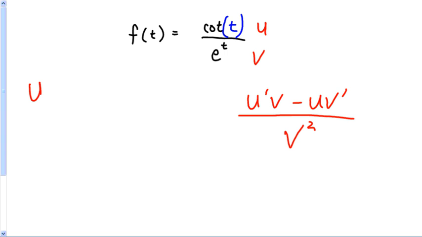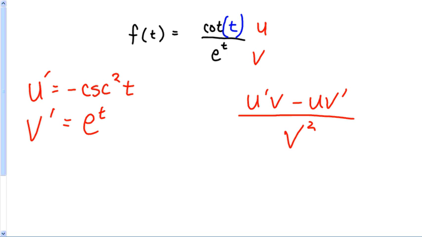U would be cotangent of t. The derivative of cotangent is negative cosecant square t is what we'd end up with. And then the derivative of my v term would be e to the t times the derivative of t, which would be 1. So it's just e to the t.